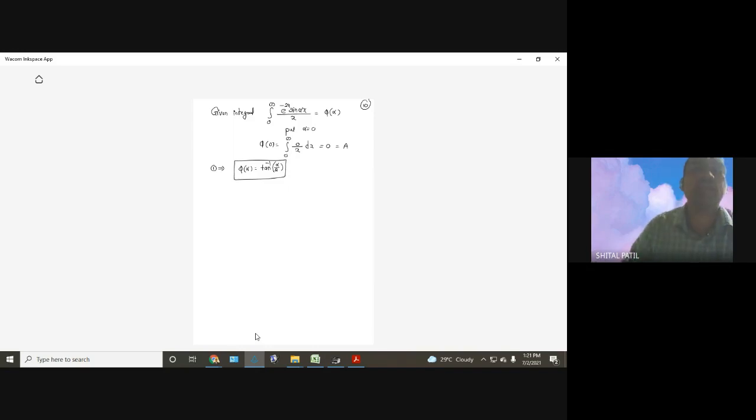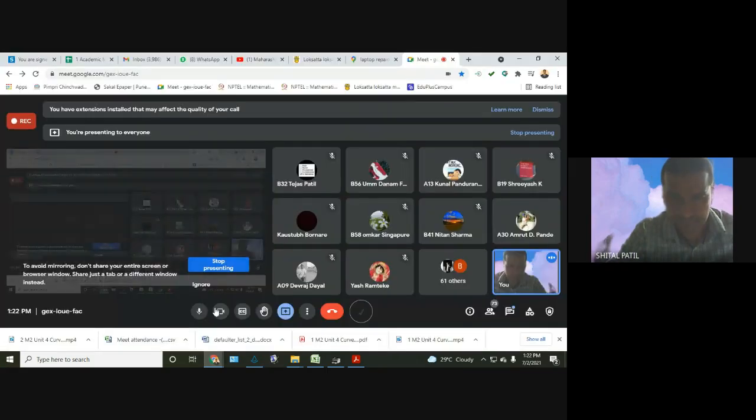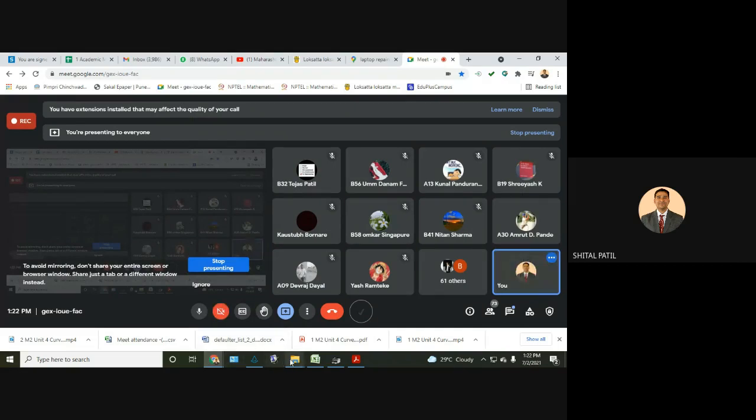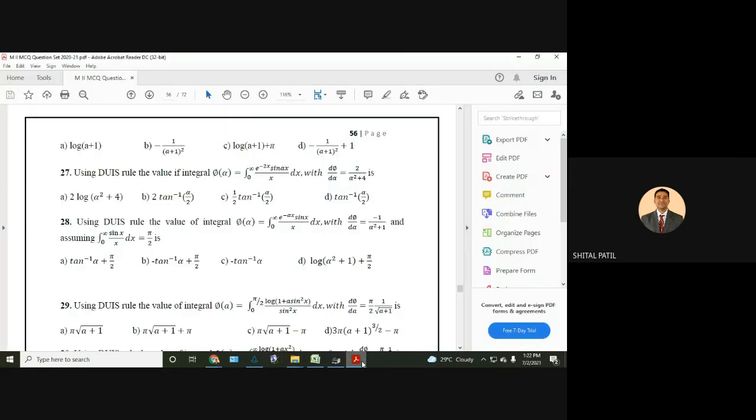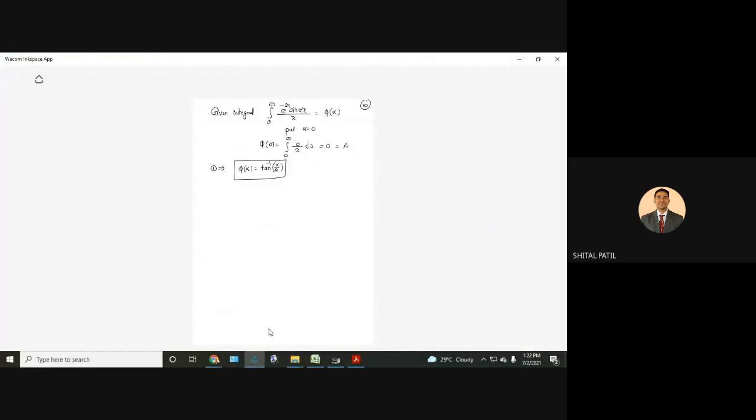But I think in option, see whether this option was required or previous few steps were required. Check that. Question number 27. Yes, final answer was required, and tan inverse alpha by 2 is the answer. D option. Hope you might have understood it.